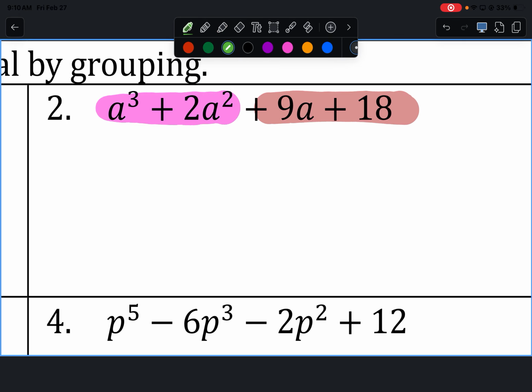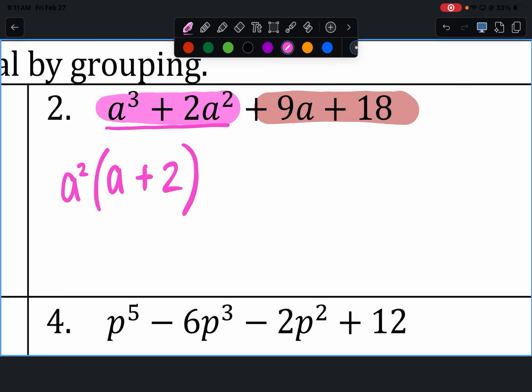So when I group the first 2 terms, what is our GCF of a cubed plus 2a squared? A squared. And what will that leave us with? A plus 2. Okay, for the second half of this, what is our GCF of 9a plus 18? What can go into both 9 and 18? 9. It's positive 9.